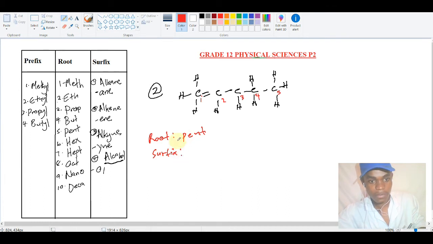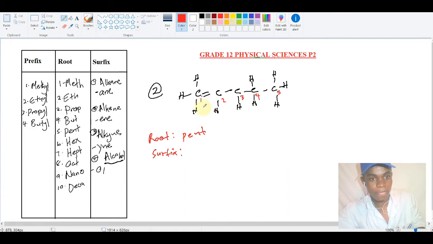And then our suffix, what is our suffix? We need to identify the functional group. We see that this is an alkene because we see a double bond, right? But we do have single bonds too. Because we have a double bond, this is going to be an alkene, because the double bond supersedes the single bond. It takes priority over the single bonds.